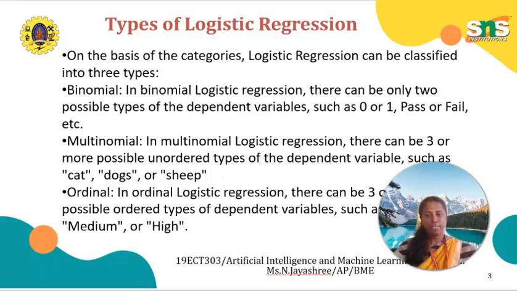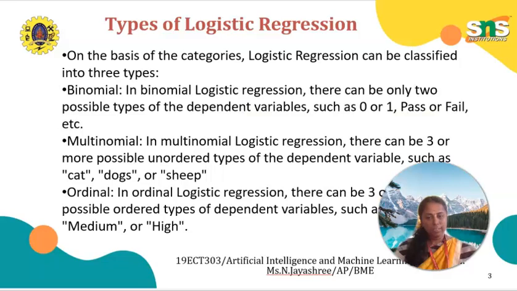Before going into detail, we have to see the definitions. In binomial logistic regression, there can be only two possible types of dependent variables, such as 1 or 0, pass or fail, etc. Whereas in multinomial logistic regression, there can be three or more possible unordered types of dependent variables, such as cats, dogs, and sheep.